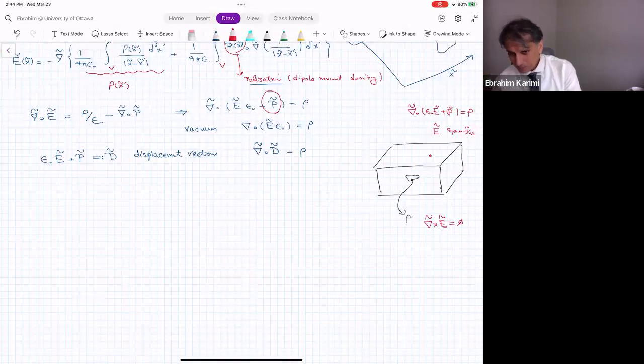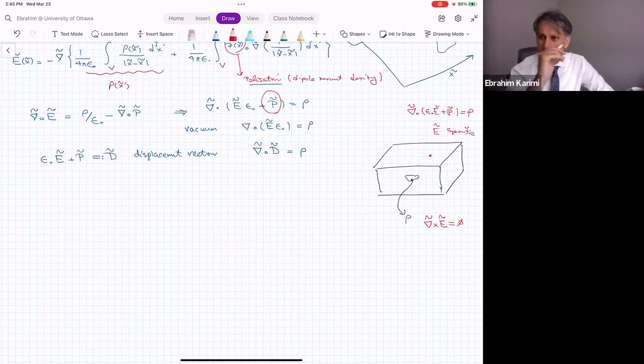And the second equation that you need is the curl of E, which is equal to 0 for the case of electrostatics. For the case of non-electrostatics, that is given by the derivative of the magnetic field in time. So we are not talking about that scenario. So you have to really solve these equations and understand what's going on there.